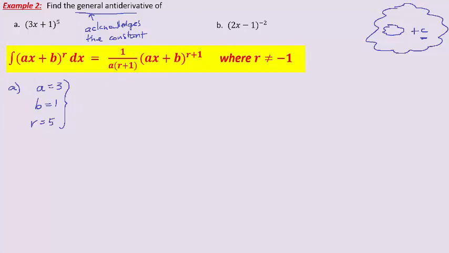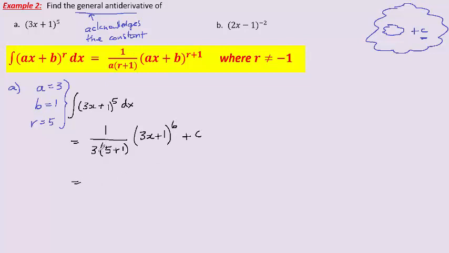So therefore, by using that, my antiderivative of 3x plus 1 to the power of 5 with respect to x will equal 1 over a, so 1 over 3, r plus 1 is 5 plus 1, times ax plus b, it's always going to be whatever's in the brackets, to the power of r plus 1, so to the power of 6, plus my constant.